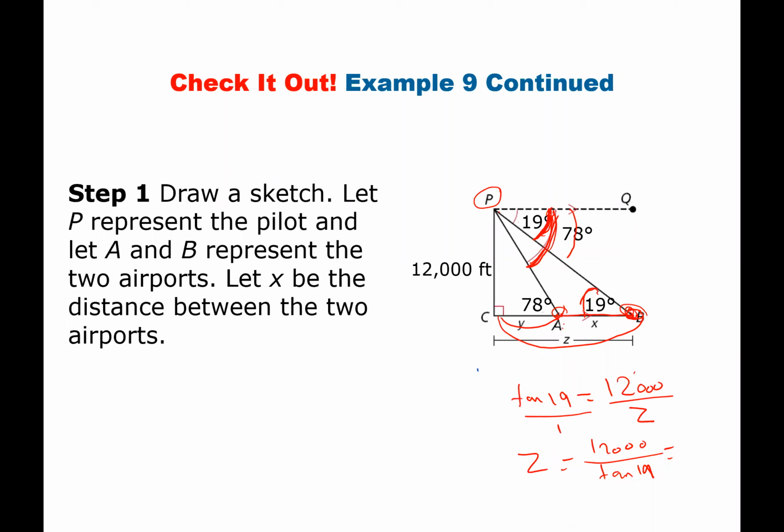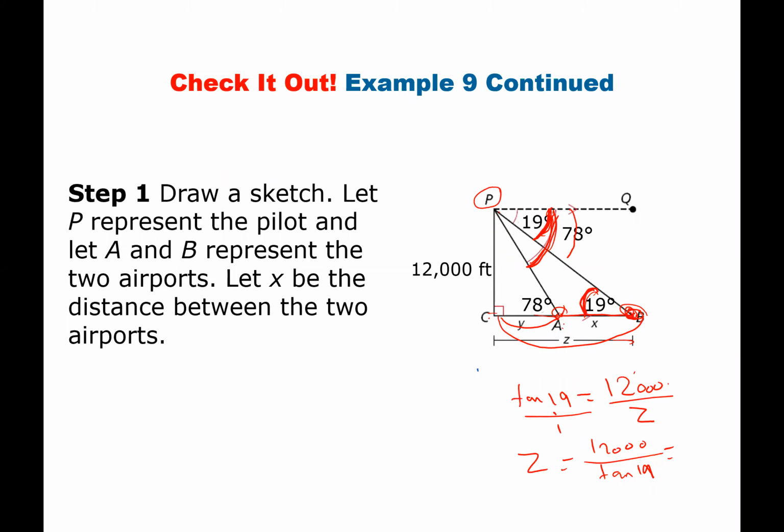We use the angle 19. So to find the distance between C and B, we use tan 19. Tan 19 is opposite over adjacent, which is 12,000 over Z. So Z equals 12,000 over tan 19. Is that clear? Any problem now? No, okay.